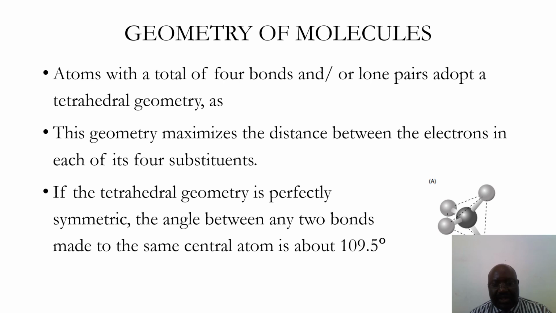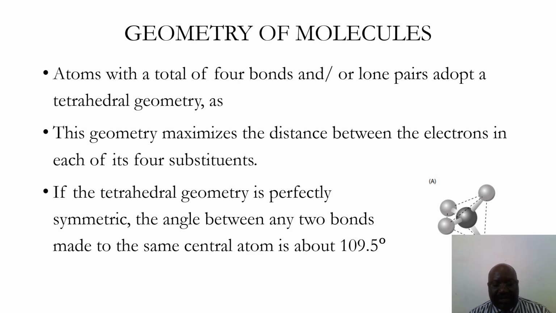Atoms with a total of four bonds, or bonds and lone pairs, normally adopt tetrahedral geometry, as shown in the drawing labeled A. This geometry maximizes the distance between electrons in each of the four substituents.